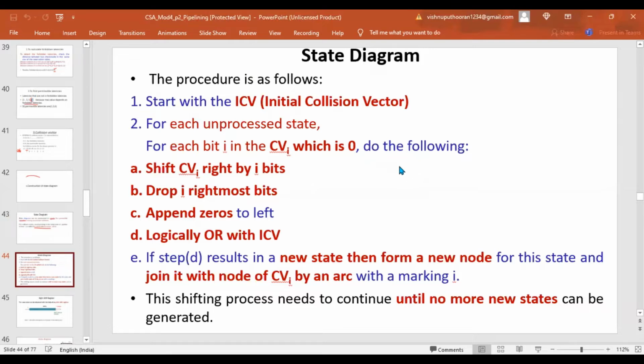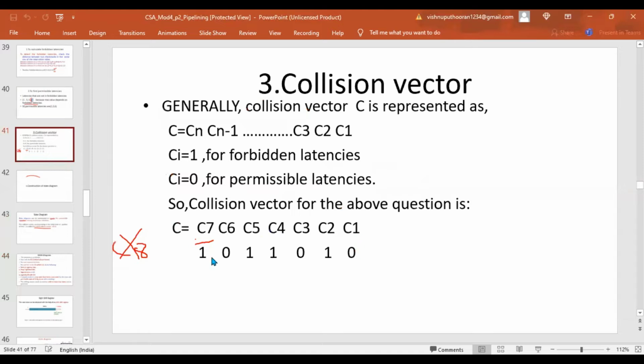So find the values of the collision vector which have value 0, and for each such value, do the following procedure. Again, please consider the collision vector. We have 0 in the 6th position, then the 3rd position, and the 1st position, isn't it?